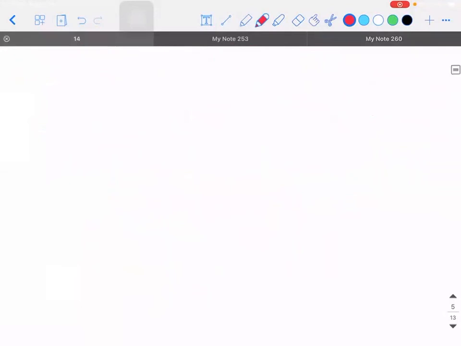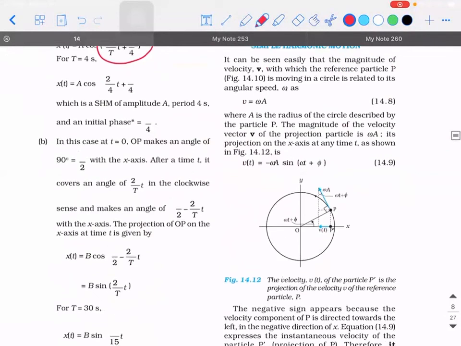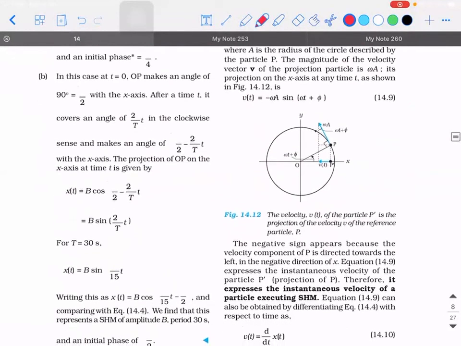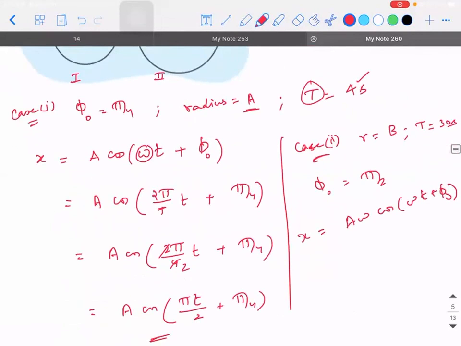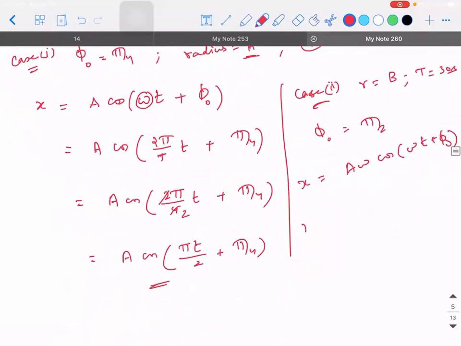Sorry, I wrote the expression for velocity. So it is A cos of omega t plus phi naught. In the place of A, I'm writing B because the amplitude is B. Cos of, in the place of omega, it will be 2 pi by 30 into t.